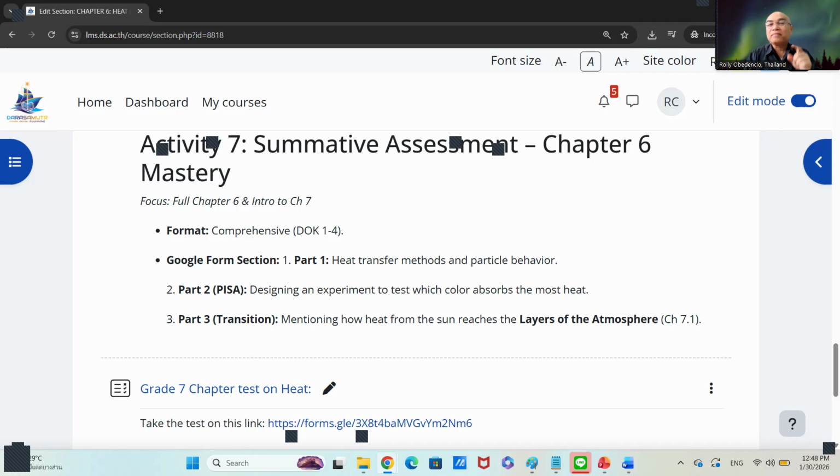But if you get the first test as 25 over 30, then you pass. Make sure your first test should have the highest score or very high score so that you will not keep on repeating the test just to raise your average score. So take note, this is in your LMS.